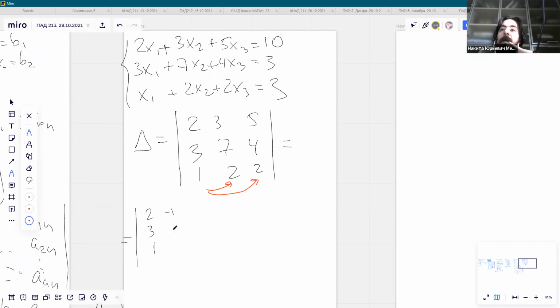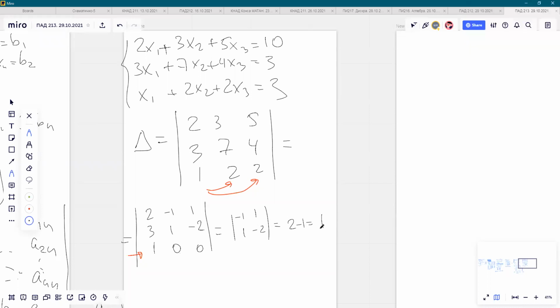Then here I get minus 1, 1, 0, 1, minus 2, 0. And now I may expand by this row. So the result is a smaller determinant, right? It is 1 times the smaller determinant plus zeros, which I can ignore. And this is 2 minus 1, that's 1.